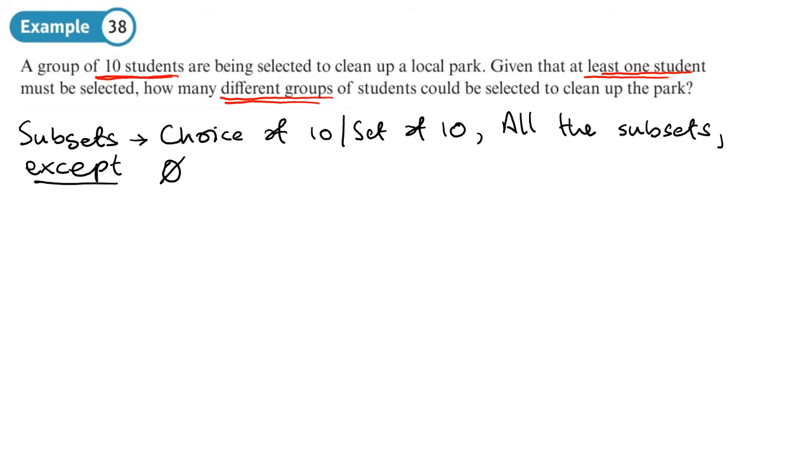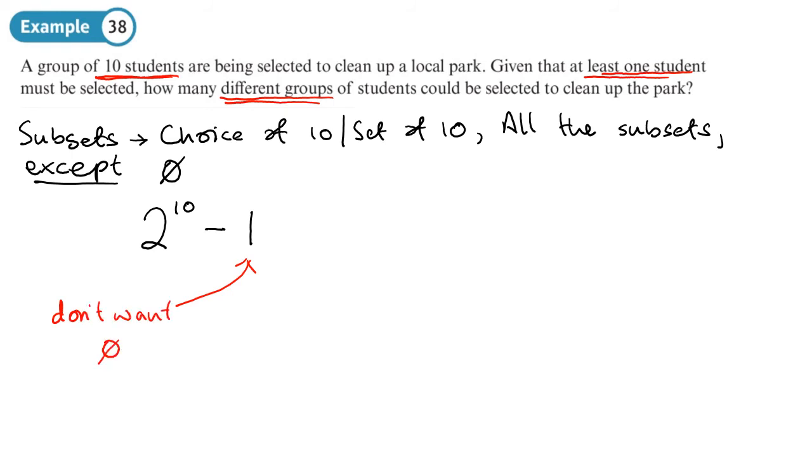So if there are 10 elements or students in this set, the number of sets is going to be 2 to the power 10, but I'm going to subtract 1 because I don't want the empty set.